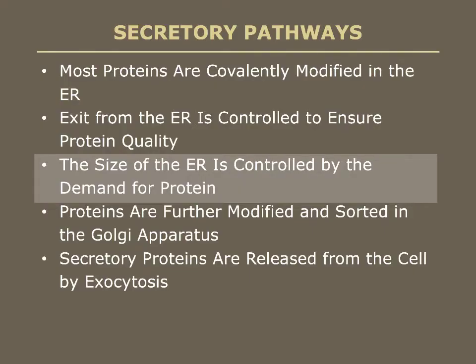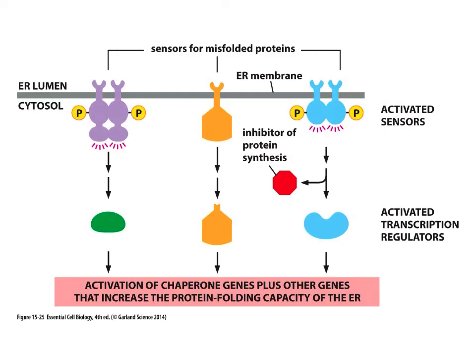Additionally, there are other quality control steps on top of the chaperone system. Should the chaperone system become overwhelmed with misformed proteins, then the ER has the capacity for a more profound response known as the unfolded protein response.